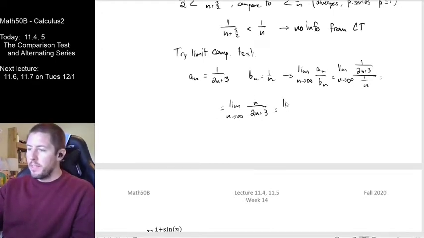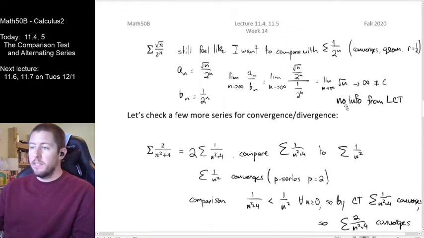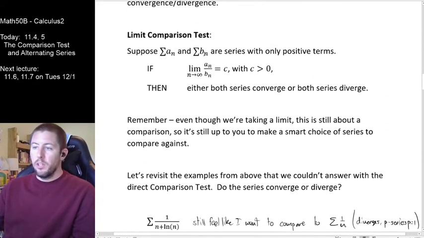Or you can think about this as factoring out n from top and bottom and getting 1 over 2 plus 3 over n. And now, as we let n go to infinity, this is 0, and we are going to get 1/2. So notice that the ratio of the terms limits to a positive constant, which is exactly what we are looking to have happen in the limit comparison test.